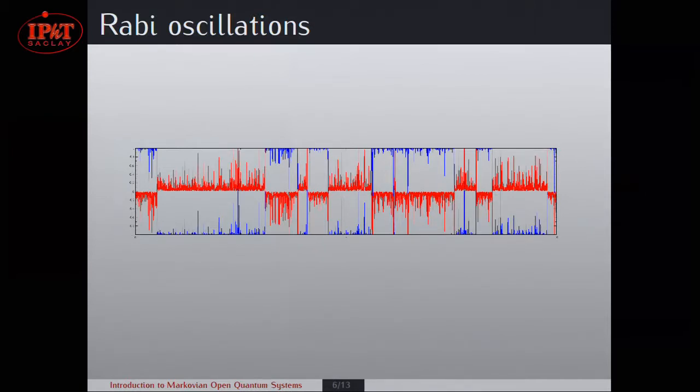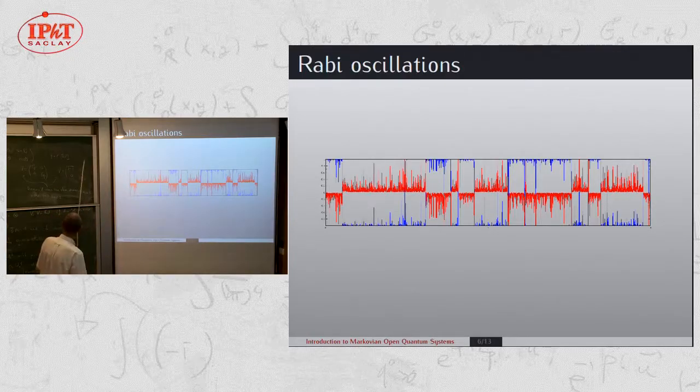In fact, due to the measurement, what was Rabi oscillations, if you observe them, in fact, they turn into jumps. So you spend most of your time in one of the pointer states, then abruptly you jump to the other pointer state, you spend a lot of time in it, jump abruptly back to the first one, and go on.